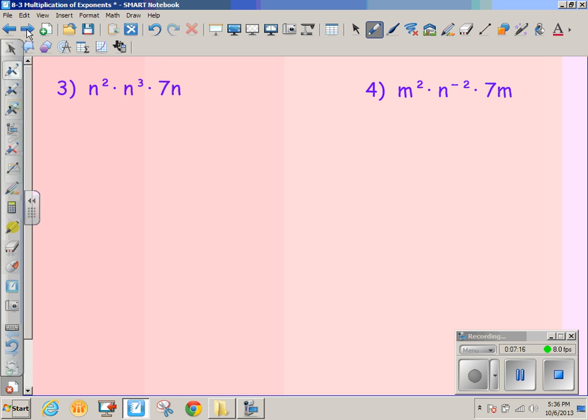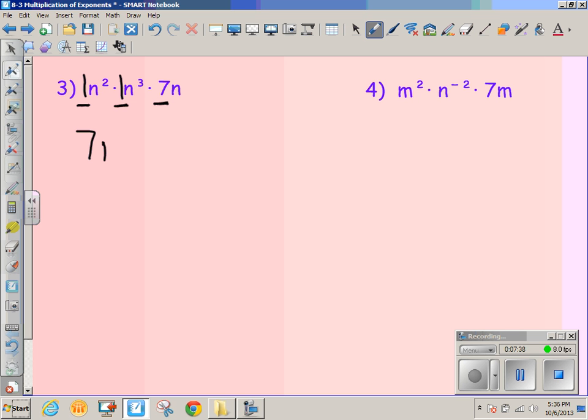Again, simplifying, and if it helps, you might put a 1 in front of here, but really that just means 1 times 7. We always look at our coefficients first, so I know that anything times 1 is just going to be 7. So 1 times 7 in this case, because any number times 1 is always itself. So all we have as the coefficient is 7.